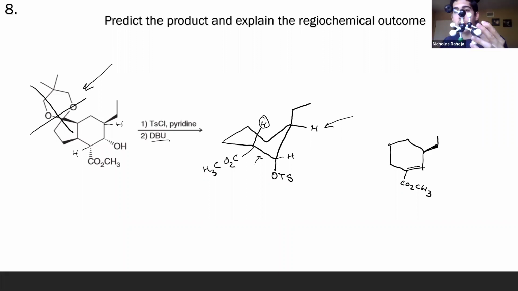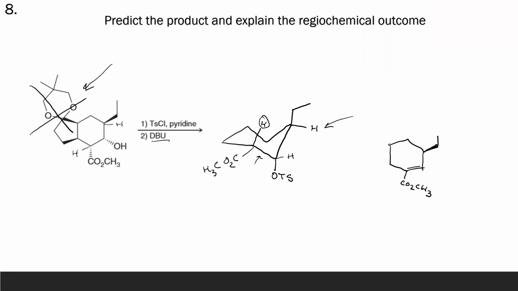And because of the ring structure, there's really nothing you can do, no matter what configuration you try to put this guy in. You're never going to get this proton into an anti-coplanar configuration with your leaving group right here. And so you'll notice that the only beta proton that could be abstracted would be this guy here. Okay, so again, that's kind of an easy way to go about looking at this problem.